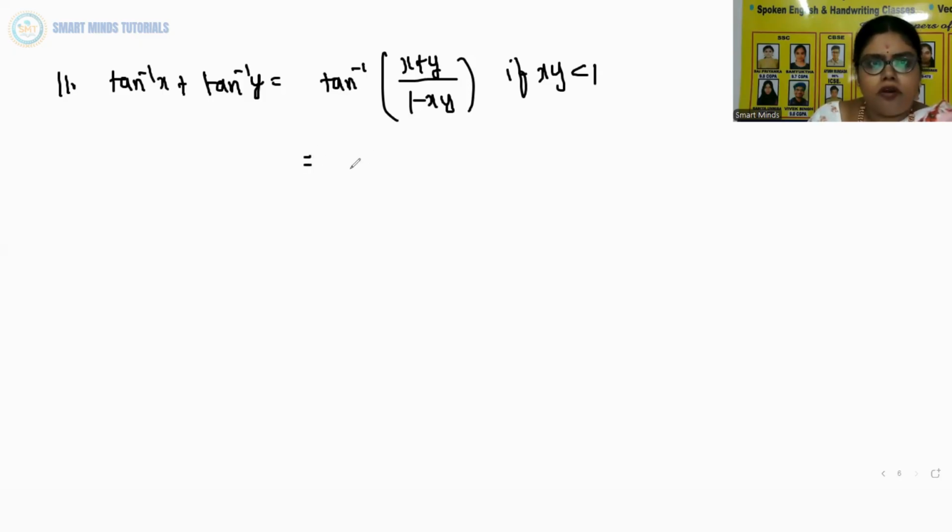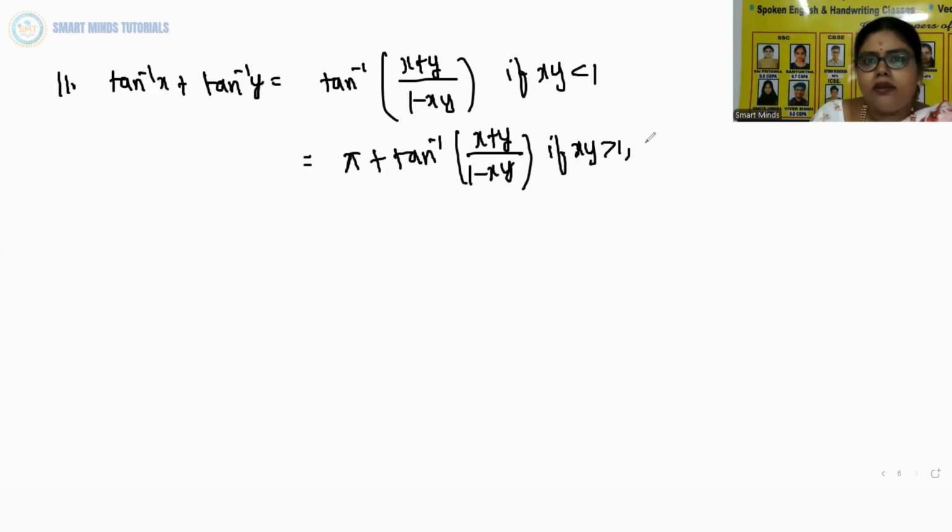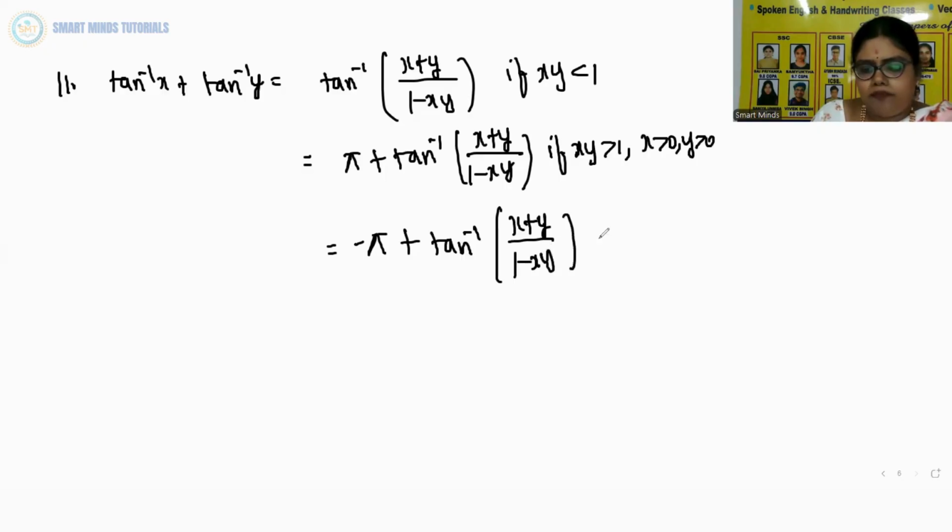Then we have another formula, pi plus tan inverse of x plus y by 1 minus xy if xy is greater than 1, x is positive, y is positive. Then you have one more formula. It is minus pi plus tan inverse of x plus y by 1 minus xy if xy is greater than 1, x is negative, y is negative.